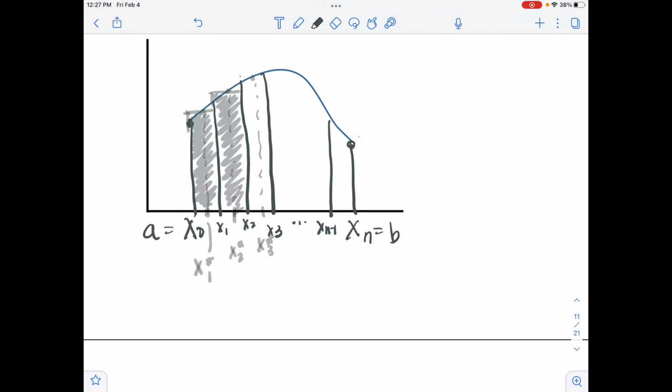That's defining the height. Drawing a line down and finding the area of that rectangle. And then the last one that we have here is x sub n star, which again defines the height of the function there, that rectangle, and then shading that area.